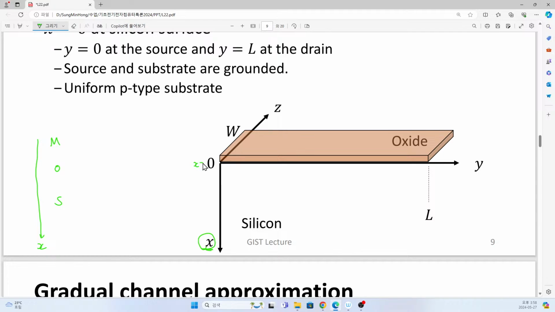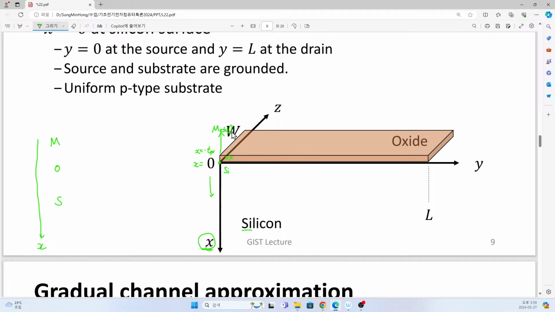So x equal to 0 is regarded as the interface between our silicon material, as shown here, and oxide. If we go to positive infinity, there will be deep substrate. And if we go to x equal to minus t_ox, then we will have the end of our oxide, and now metal starts. So beyond this point, we have just metal.